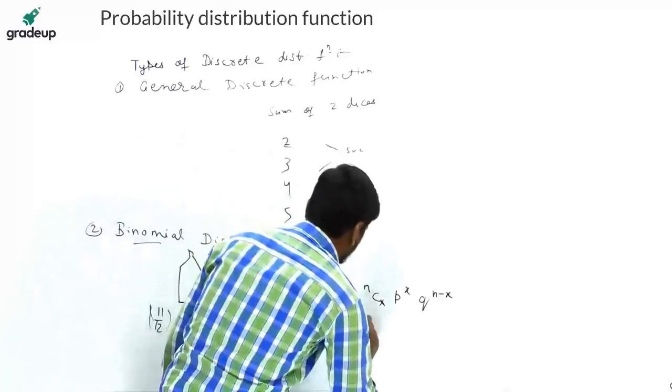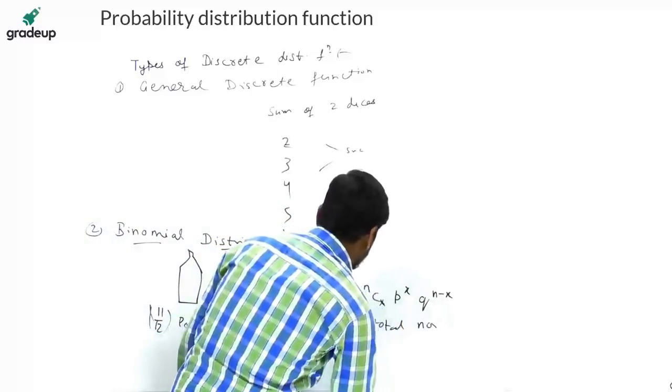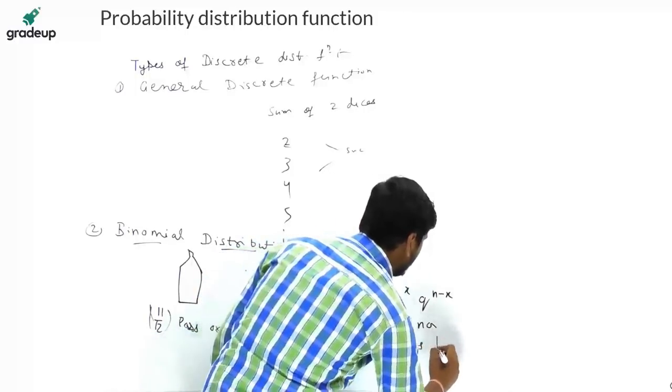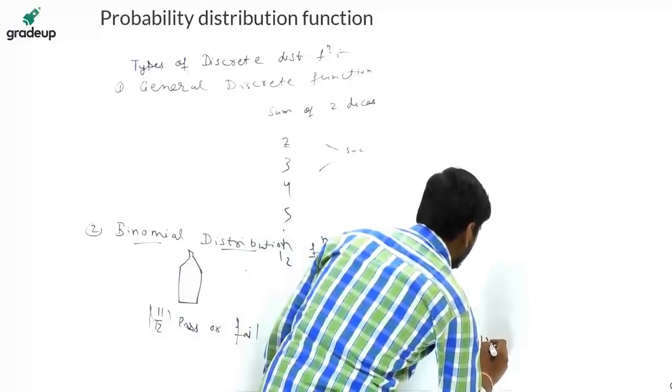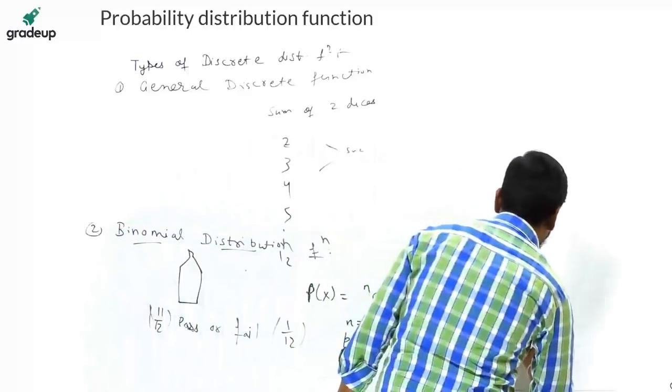Now I am writing all these things. N is the total number, P is the success probability, and Q is the failure probability.